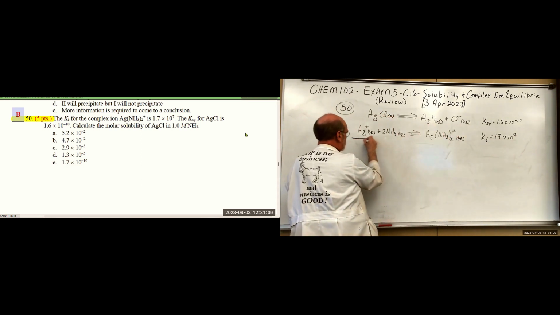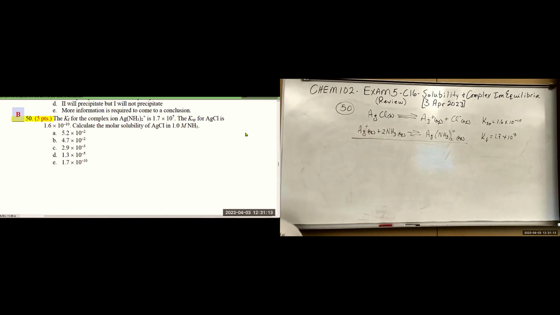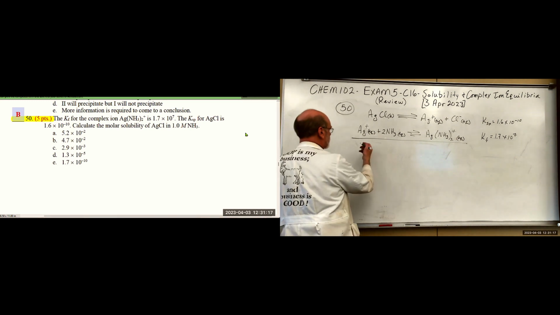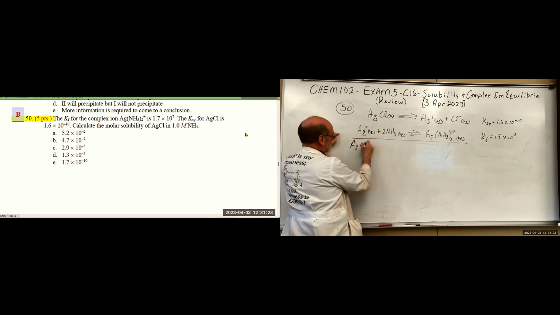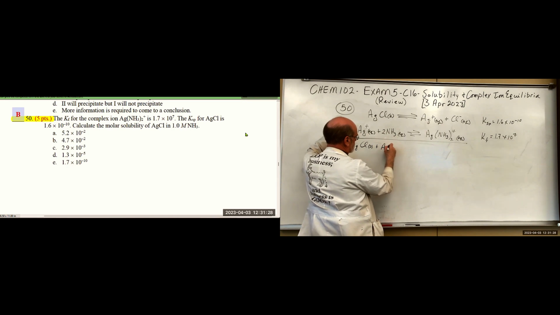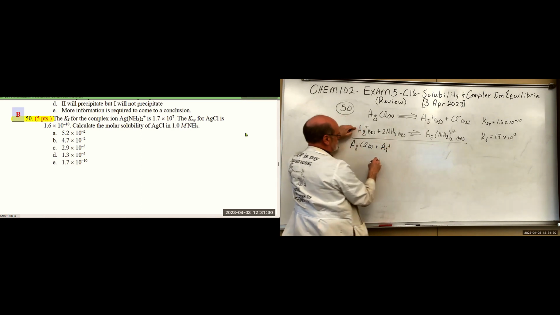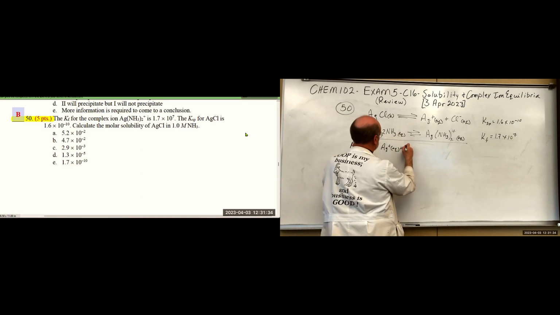Okay. Or I can just write the whole thing out and show you the cancellations later. So let's do that. So we've got, let's take the top one, silver chloride plus silver ion. I better put it in. Could get confusing.